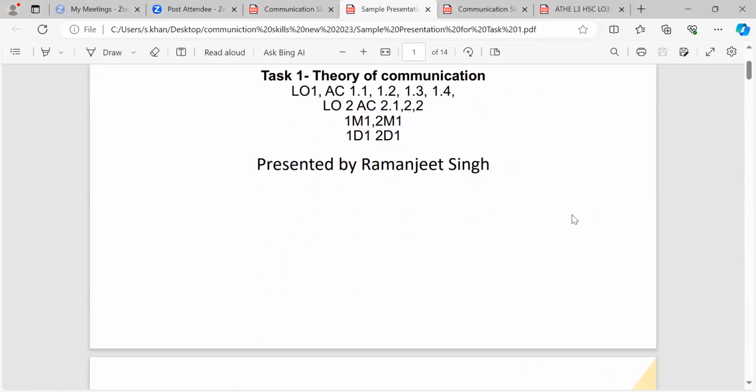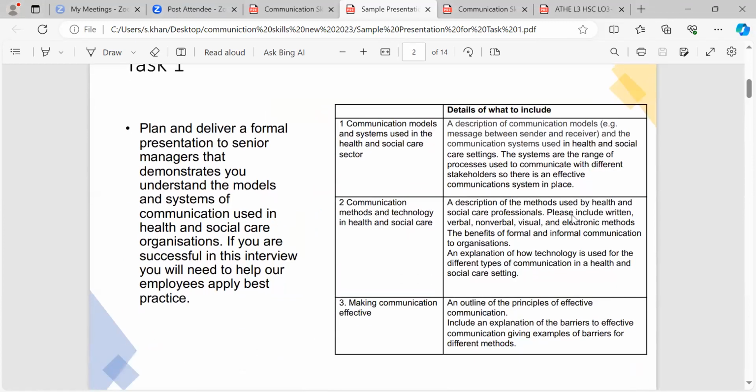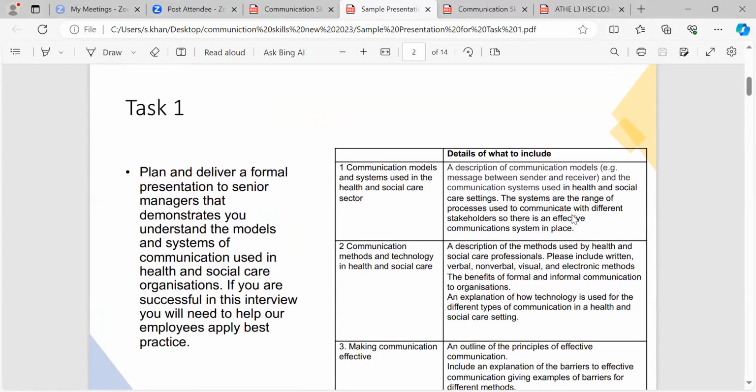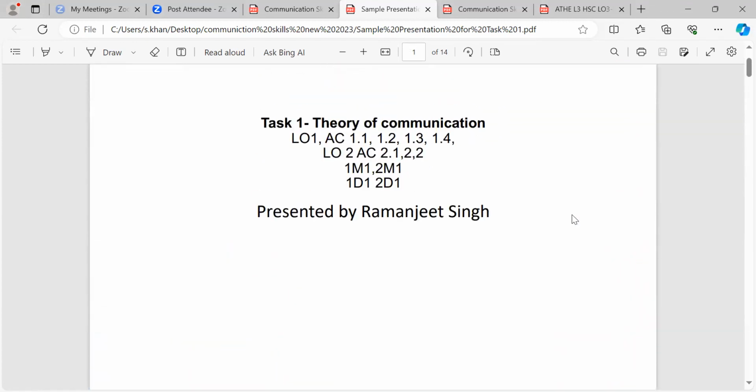Theory of communication. Task 1. Can you scroll upwards? What is LO1 AC? That's learning outcome 1.1, 1.2, 1.3, 1.4, and this is in learning outcome 1.